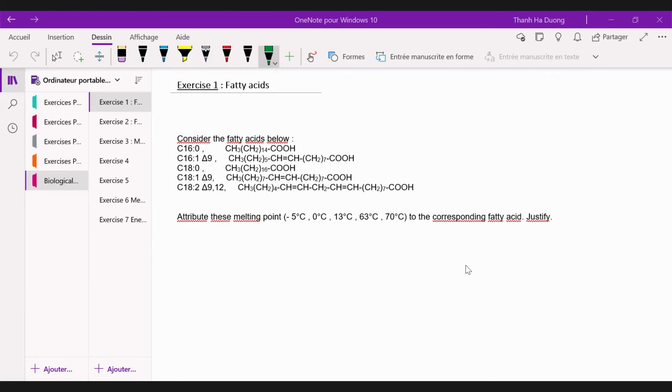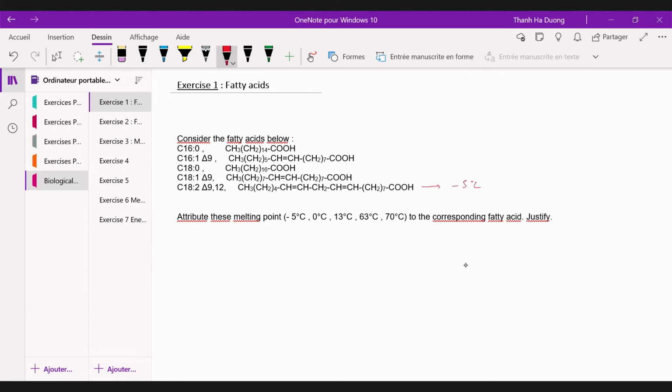Okay. So in my opinion, I think the melting point minus 5 degree will correspond to the C18 one. Yes, I told you that when you have a double bond, you have a decrease in the melting temperature. So this is minus 5 degree.